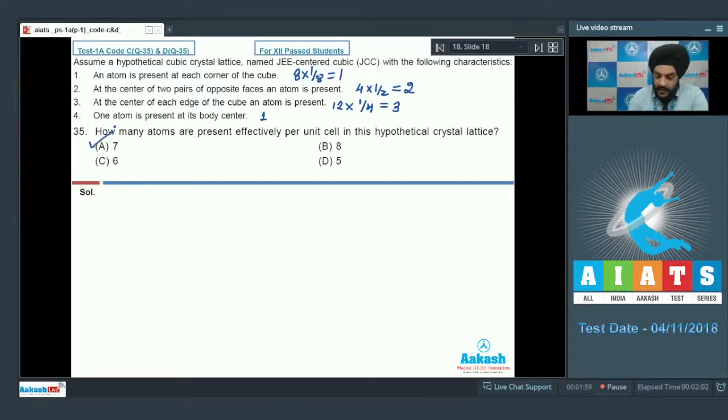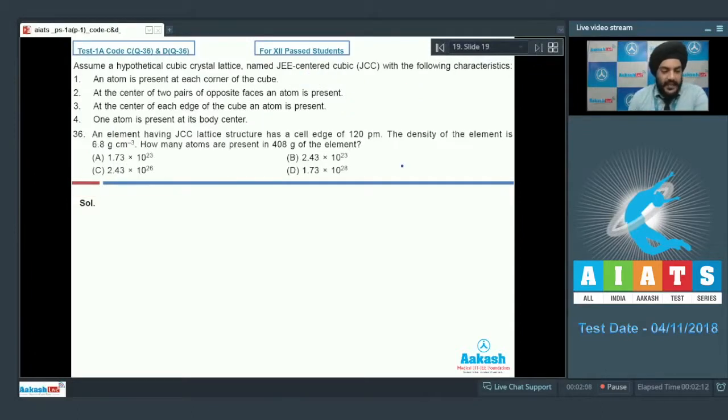Let us look at the next question now. Question number 36. An element having JCC structure has a cell edge of 120 picometers. The density of the element is 6.8 gram per centimeter cube. How many atoms are present in 408 gram of the element?